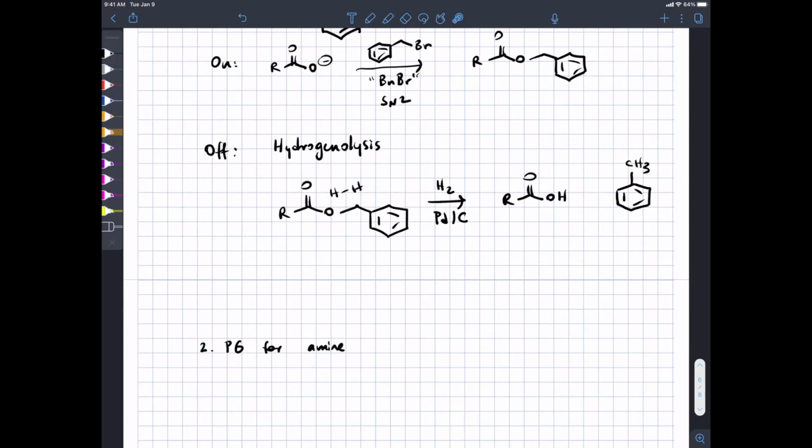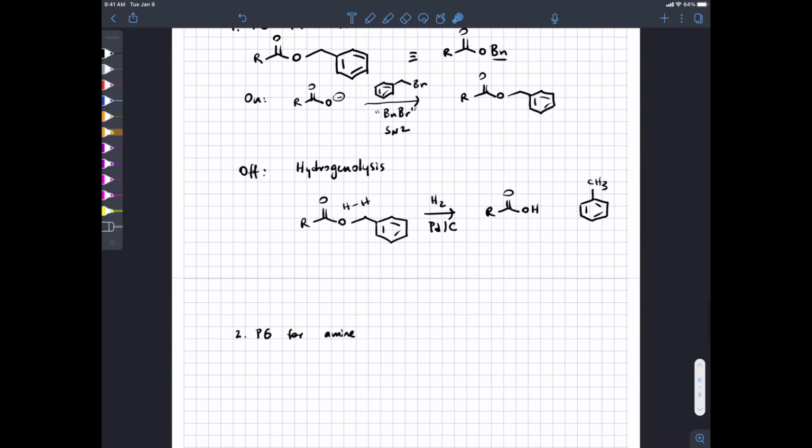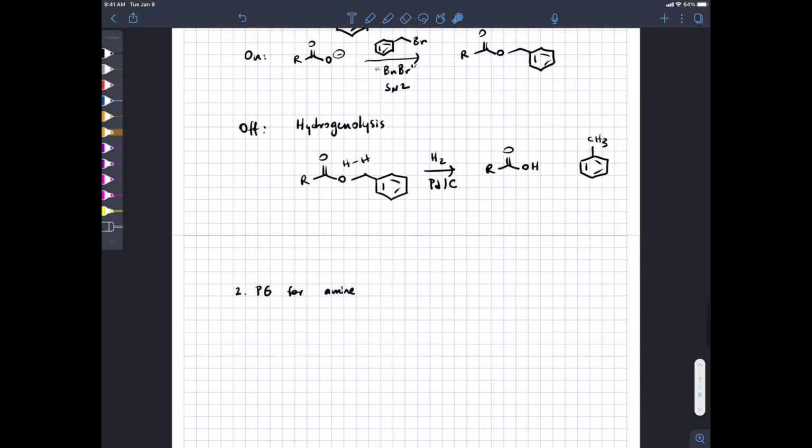And the mechanism isn't important. Why it works has to do with the stability of a benzyl radical, but this works for bonds between benzyl carbons and oxygens. So that's a really high yielding reaction. It's also really efficient. You don't need to purify after you do it because you just make toluene as a byproduct, and you can evaporate that off with the solvent.